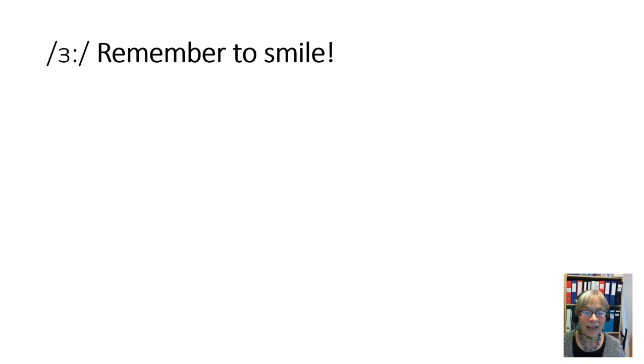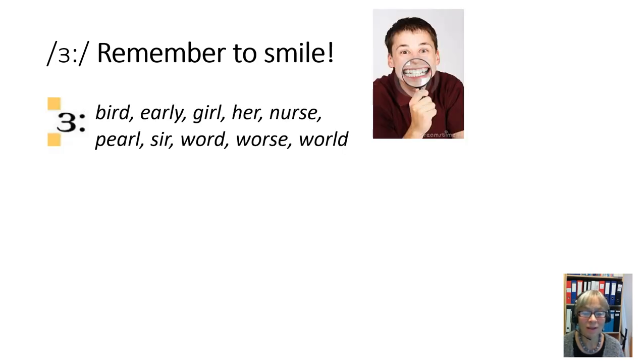Then the next vowel. It's very easy to think of this as the Norwegian vowel because they're close. They do resemble each other, but in English you should not have much lip rounding at all. So, a good thing to remember, perhaps, is to smile as you say bird, early, girl, her, nurse, pearl, sir, word, worth, world.